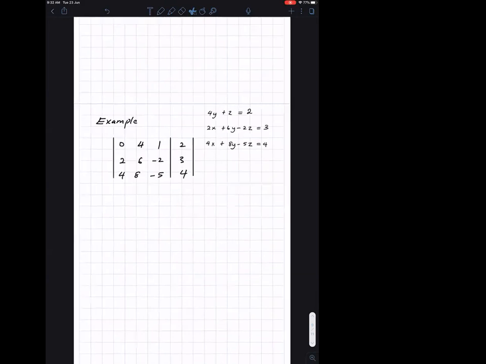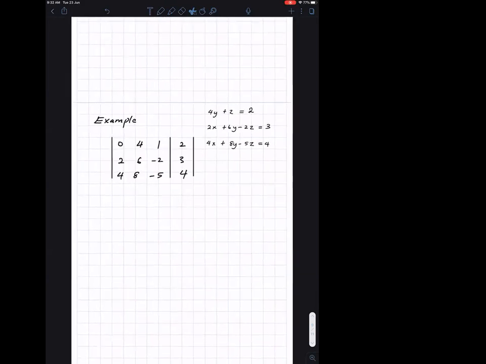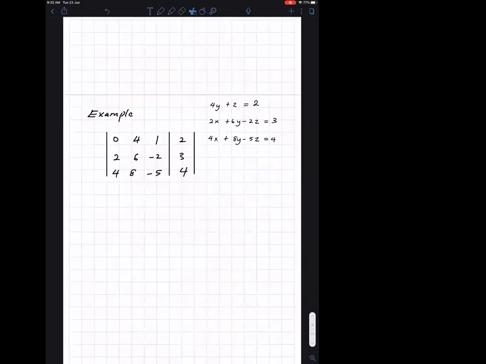You can try to make this go to 0. You can also change rows, okay?